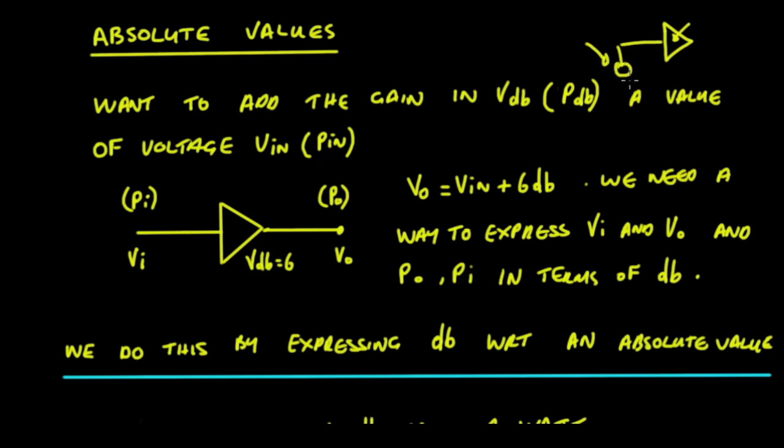Then we can work our way through a design which might have a low noise amplifier, an automatic gain control, some IF filtering, for example, and just add the input value in dBs onto the gain in dBs, so that we're not doing any multiplication or division.